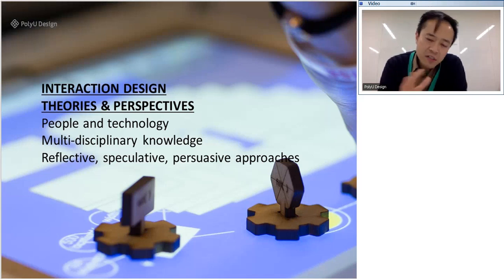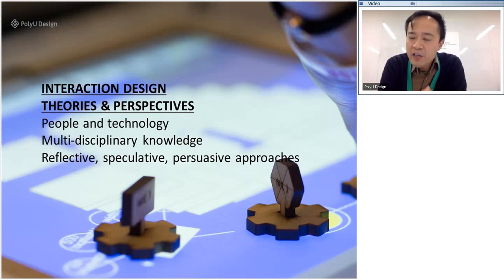And everything revolving around people actually related to interaction design. Because what we mean by interaction here is the interactions between people enabled by technology. So everything about people are relevant.